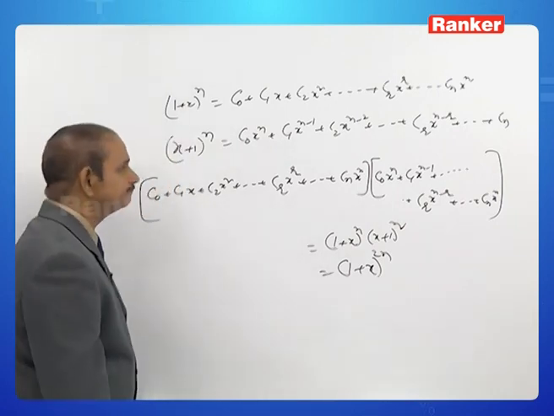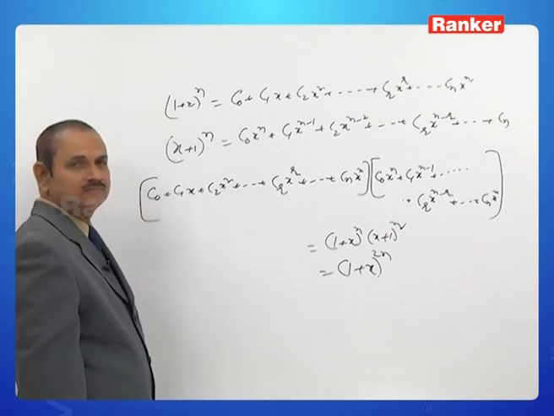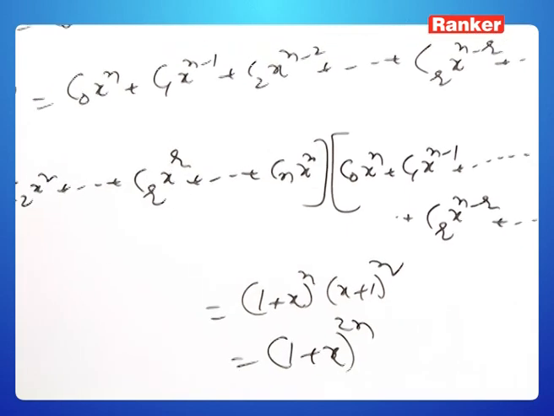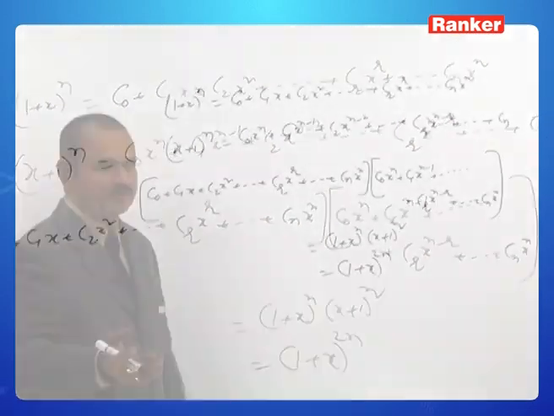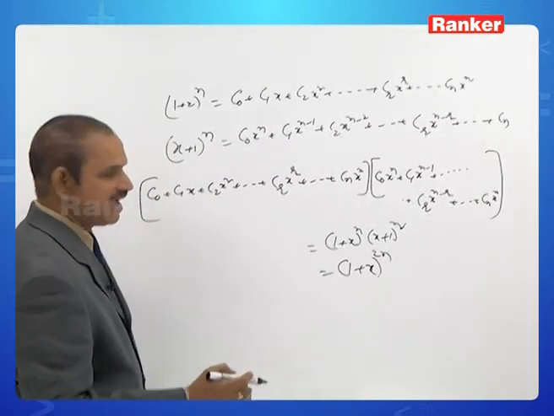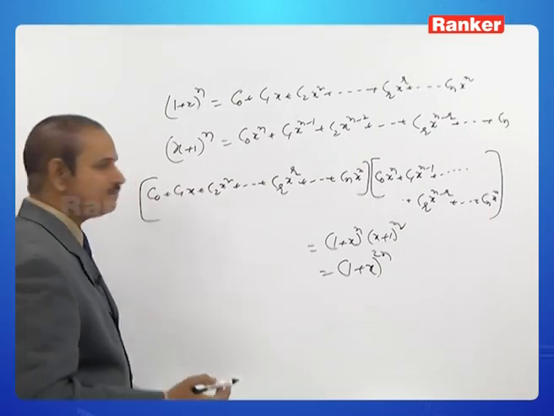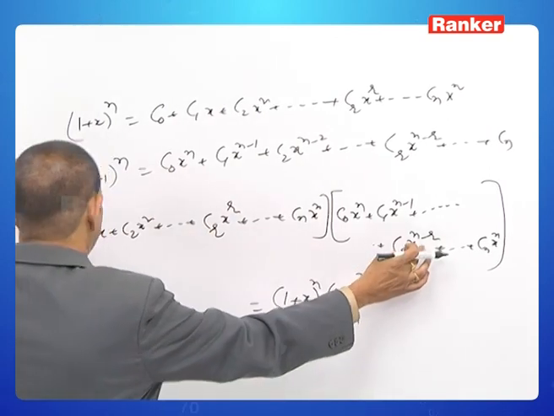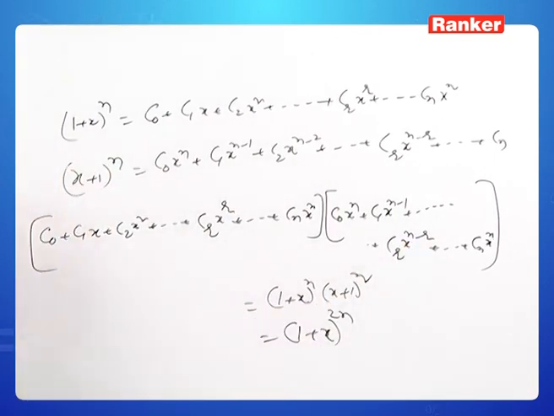Good. What do you want to have? We want to have the proof for the previous result, that is C naught CR plus C1 CR plus 1 plus C2 CR plus 2 and so on. How can they be obtained? C naught CR. What is the coefficient of x power n minus r?